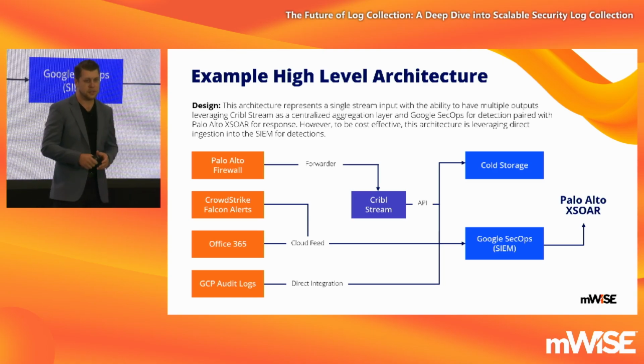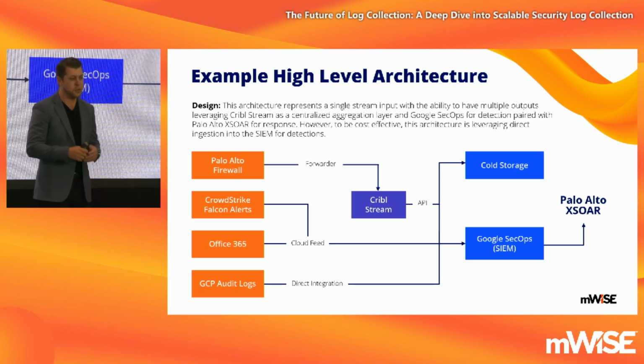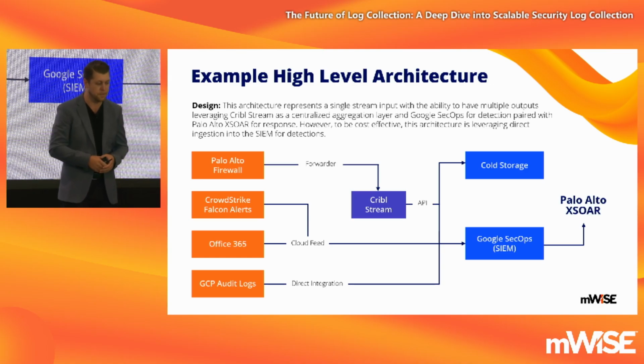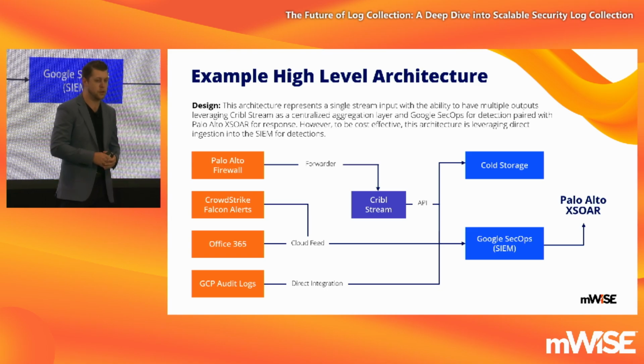For Office 365, again, very easy integration with Google SecOps. So you might be going with this approach for a quick win due to the fact that no other application or team is using Office 365, and it might not make sense to use up your throughput licensing agreement for Cribl Stream. However, what's really good here is standing up forwarding infrastructure leveraging Cribl Stream.